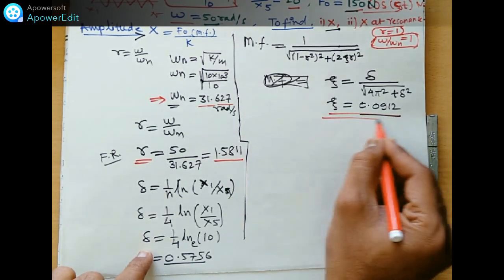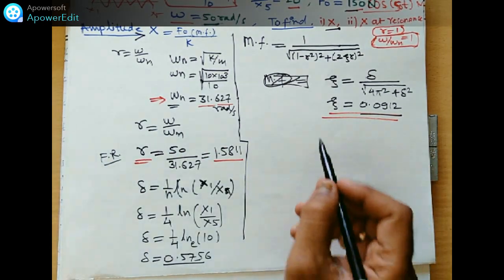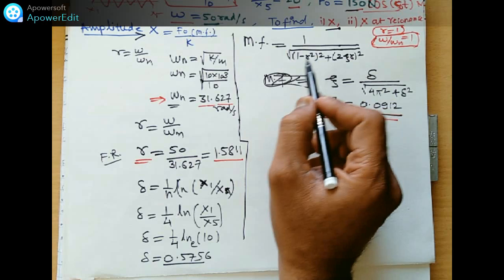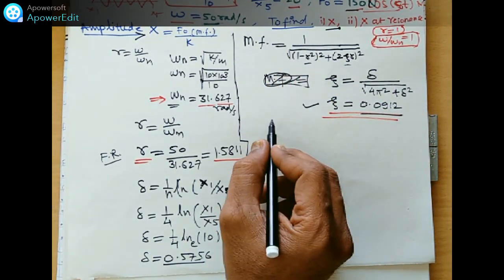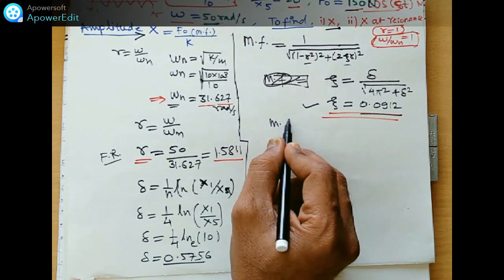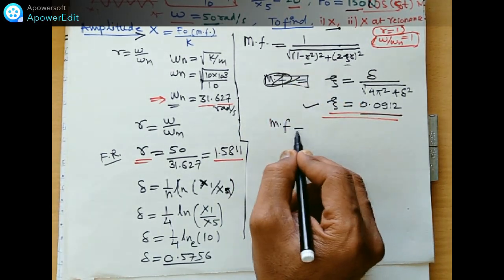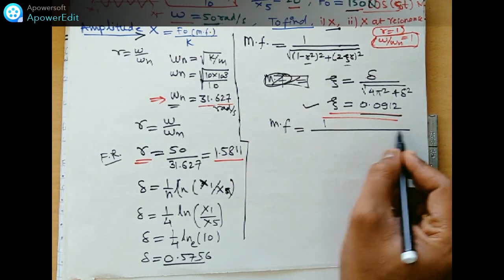Correct? Now once we know zeta and r, we can find out the MF. So MF is equal to, putting the values of r and zeta in this equation, I will write once again.